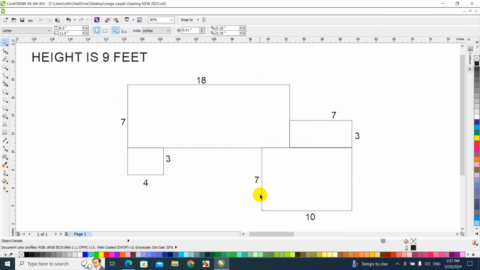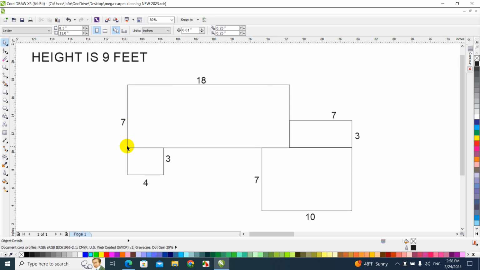This is vertical. This is horizontal, okay? Vertical and horizontal. So we're only gonna count the vertical walls. You can do this whole one right here, or you can do it separately, as I already have the measurements here. So to not get things confused, let's only focus on the squares, okay?